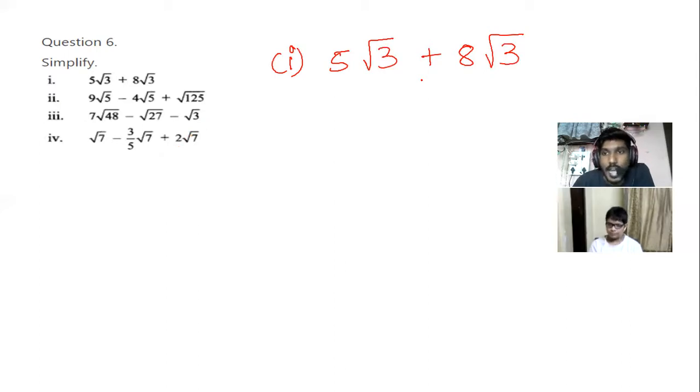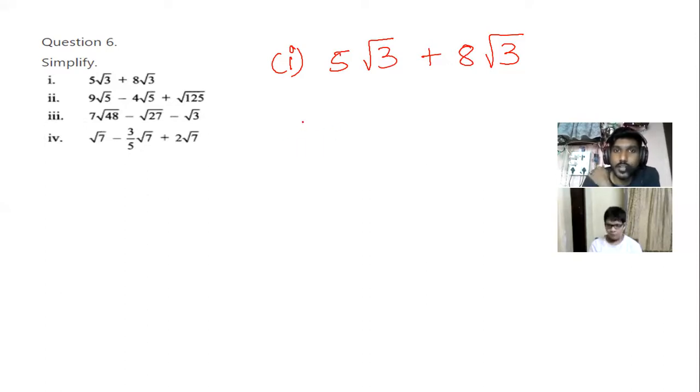Then only you can add or subtract, otherwise you cannot. But if you're multiplying or dividing two surds, then it is okay if the radicands are different.